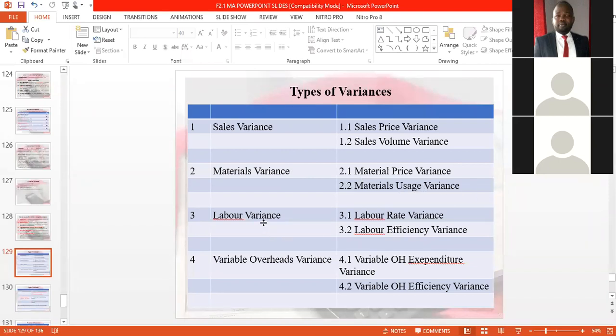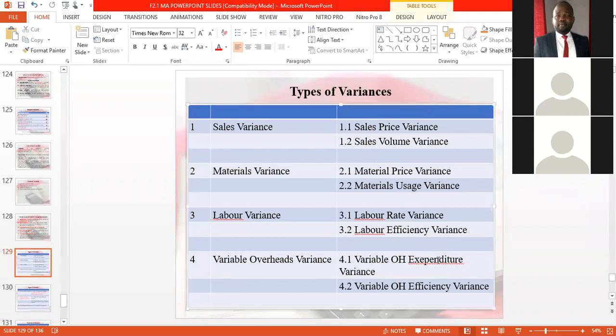The third type is labor variance: labor rate variance and labor efficiency variance. The fourth type is variable overhead variance: variable overhead expenditure variance and variable overhead efficiency variance.